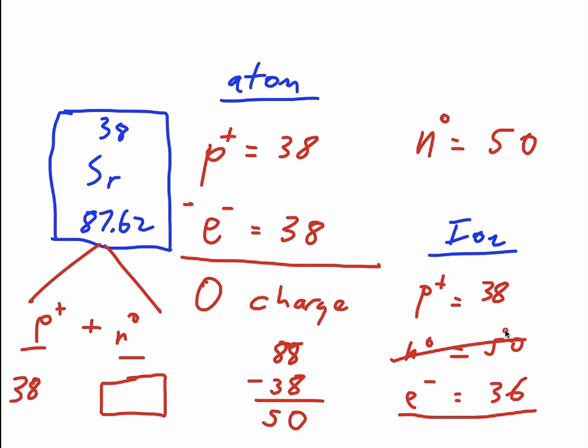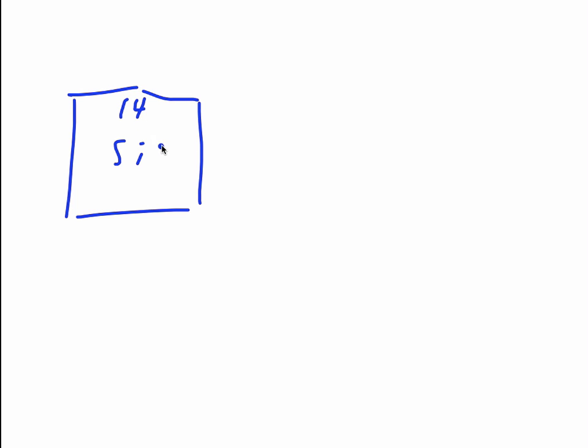And some really interesting things happen when you look at elements such as silicon. So let's look at silicon on the periodic table. Silicon has an atomic number of 14 and an atomic mass of 28.0855. So the deal is, who is silicon's nearest noble gas?